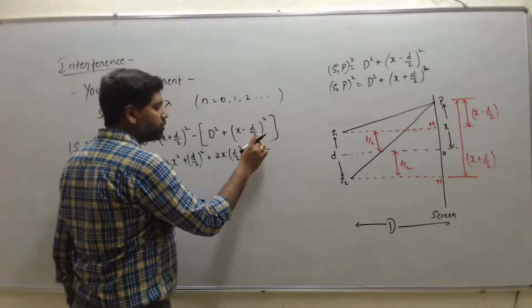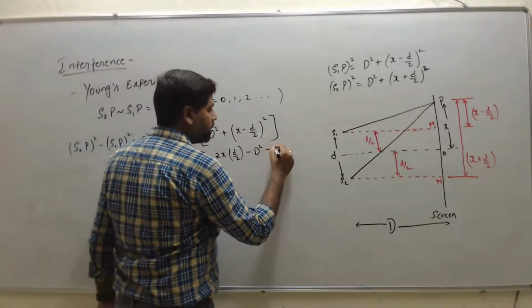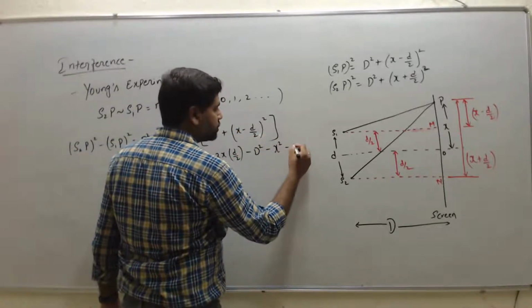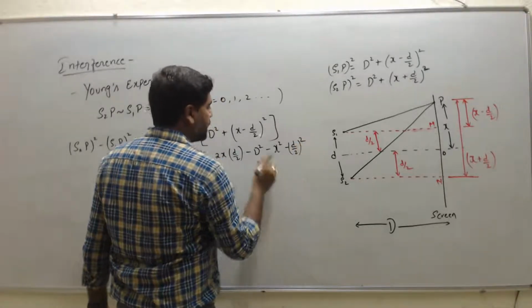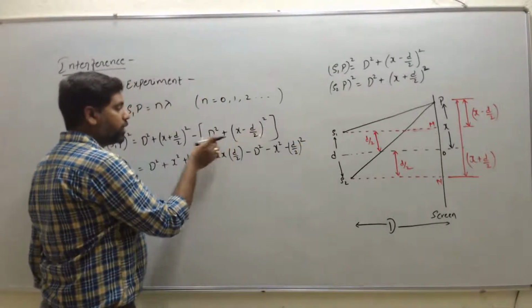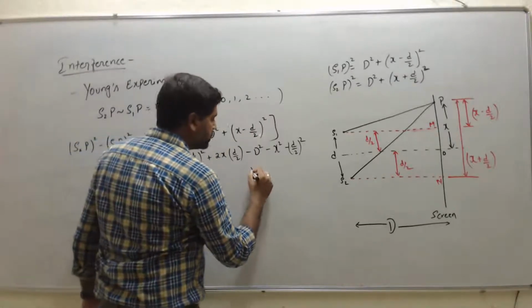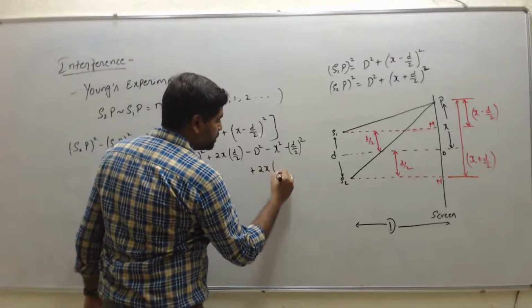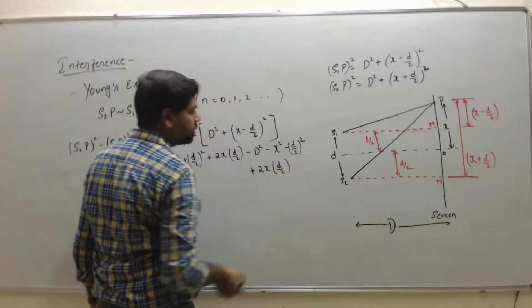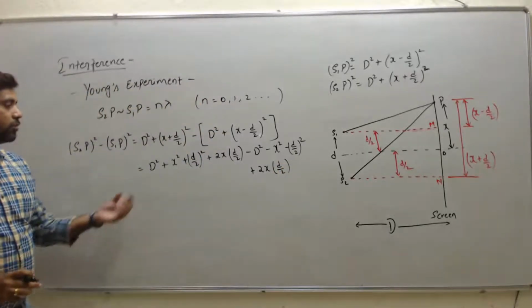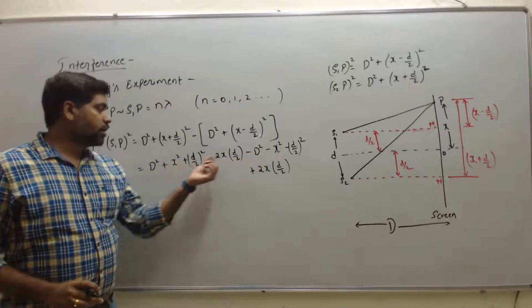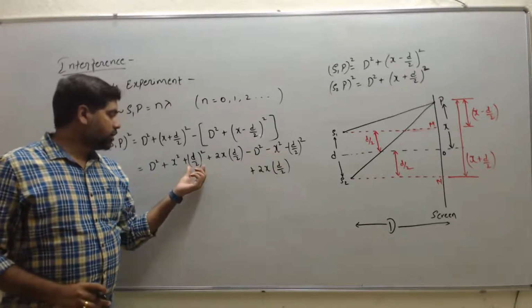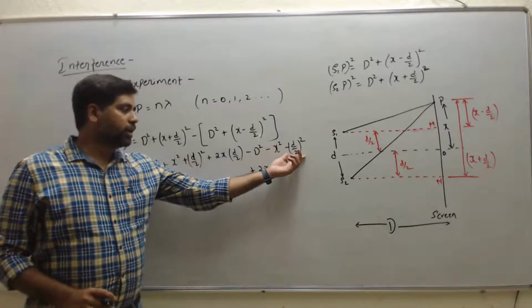So here is a minus b whole square. So a square is x square. Next minus d by 2 whole square. Next here minus 2ab, into minus we get plus 2 into x into d by 2. So if you observe here, plus d square minus d square cancels, plus x square minus x square cancels, plus d by 2 whole square minus d by 2 whole square.